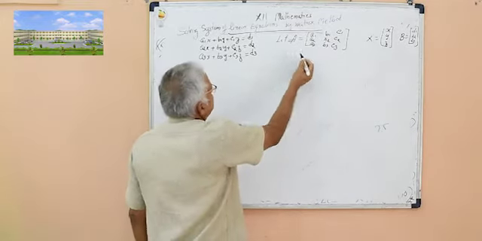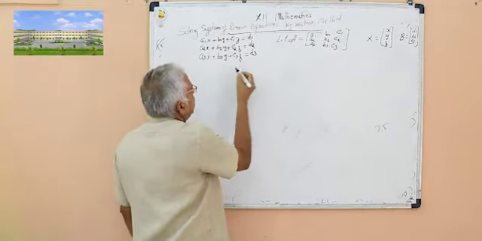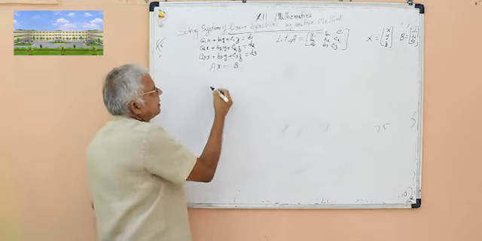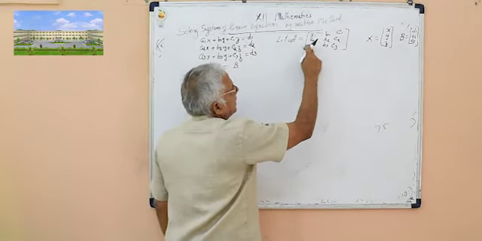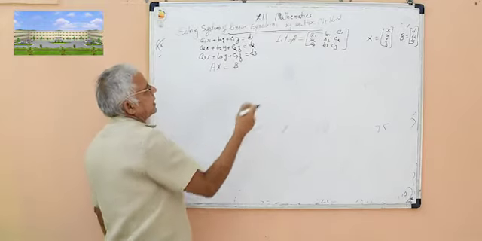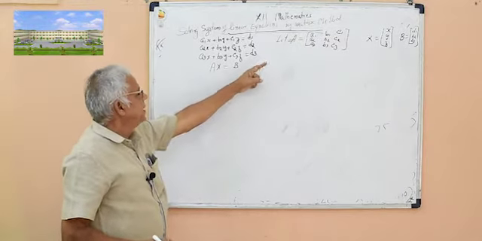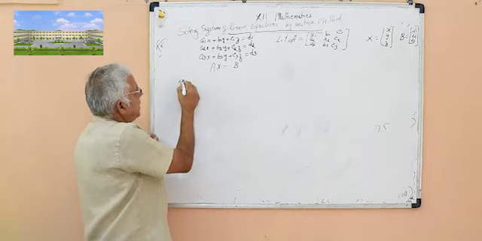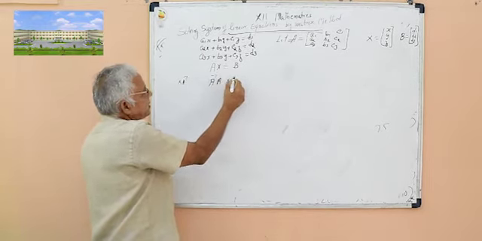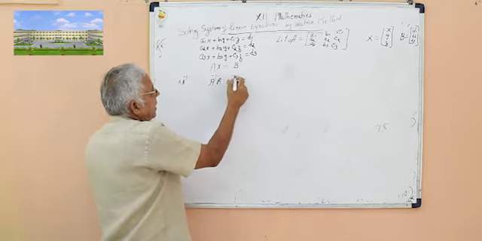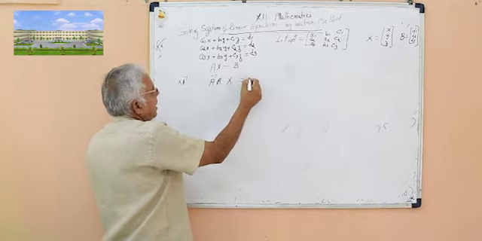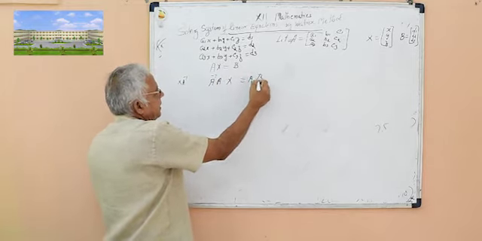Then this system of linear equations can be written in the form Ax is equal to b. Multiplying each side by A inverse, A inverse into A into x is equal to A inverse into b.